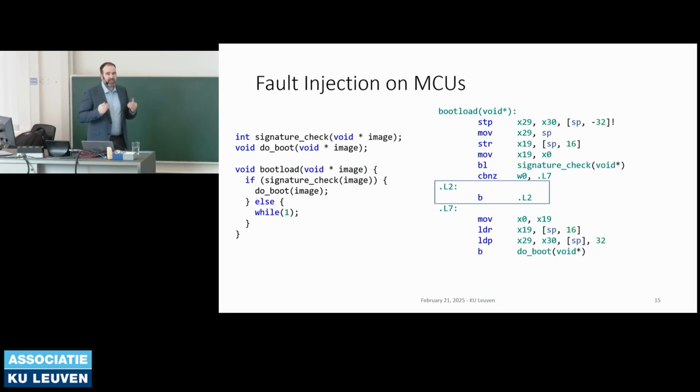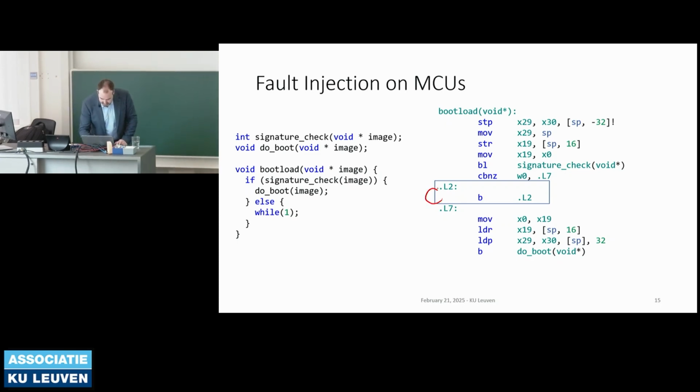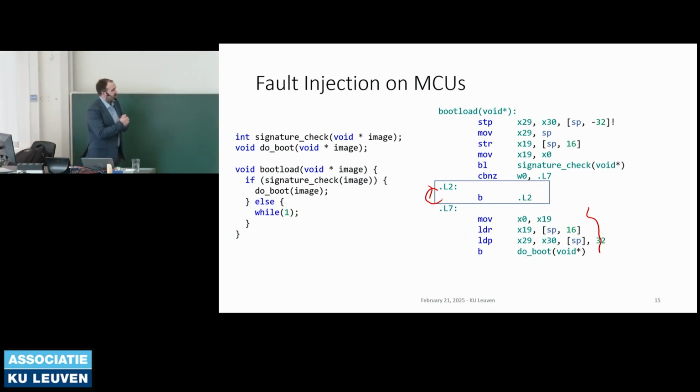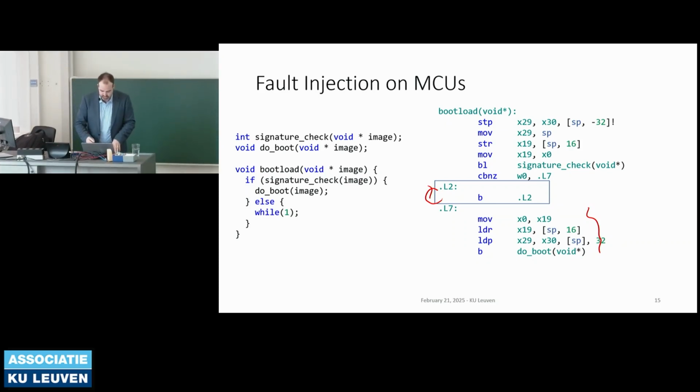Even if I'm not trying to design a super secure system, knowing that this loop has been inserted in front of my sensitive code is not something I should be very happy with, because it's going to be very, very easy to perform fault injection.